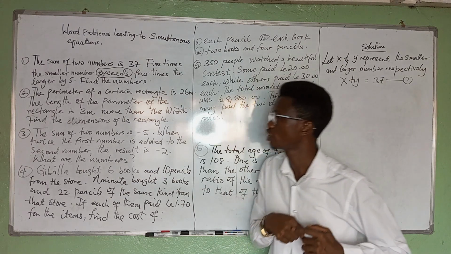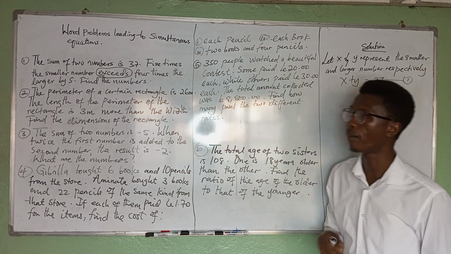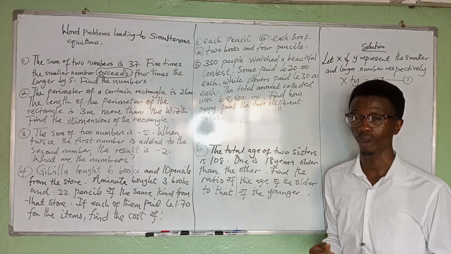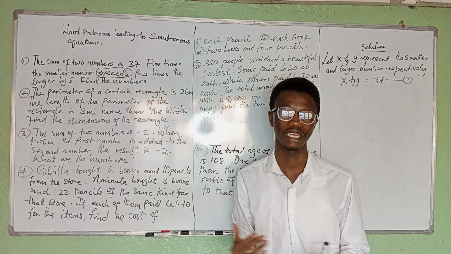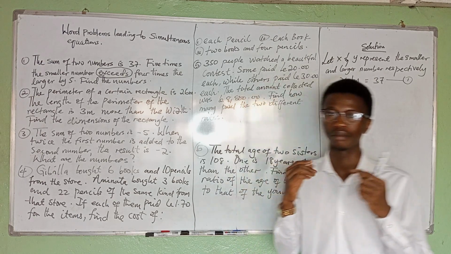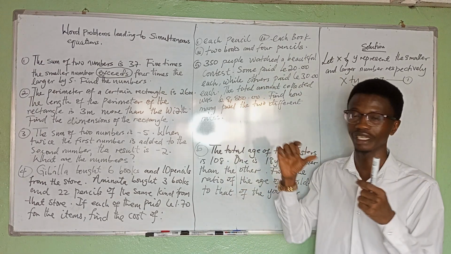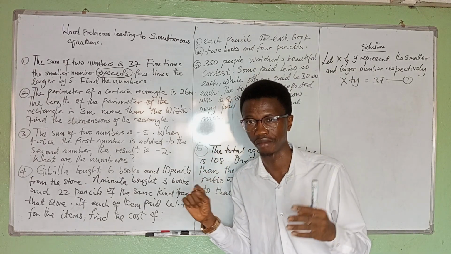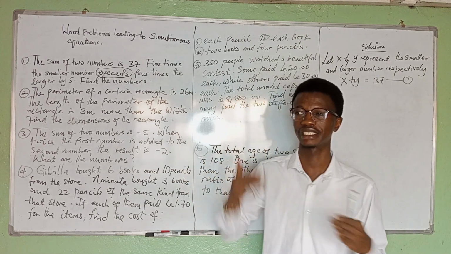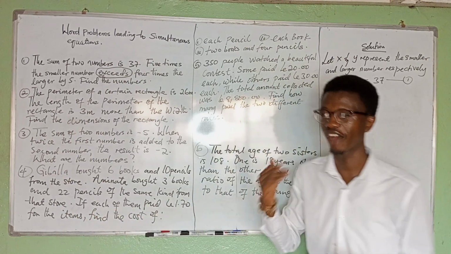Now the second part says 5 times the smaller number exceeds. When we say something exceeds in math, the sign between the 2 numbers should be a negative sign, meaning minus. This one exceeds this, I have more than you.